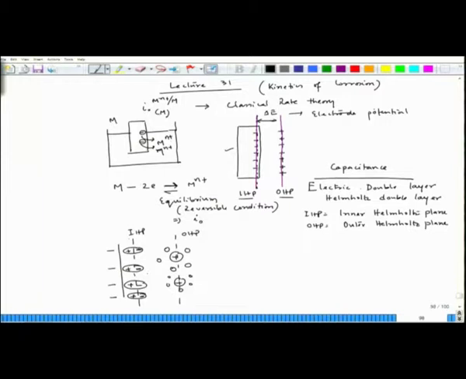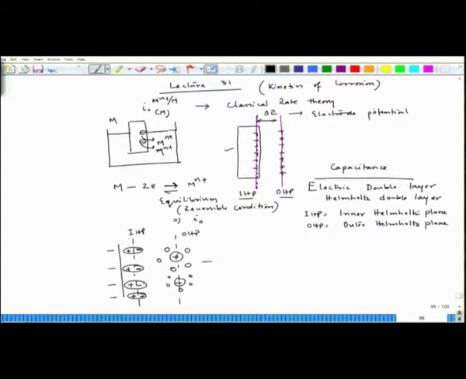Because of this situation, this becomes my double layer, and that also leads to a potential difference, and finally it would lead to the electrode potential.